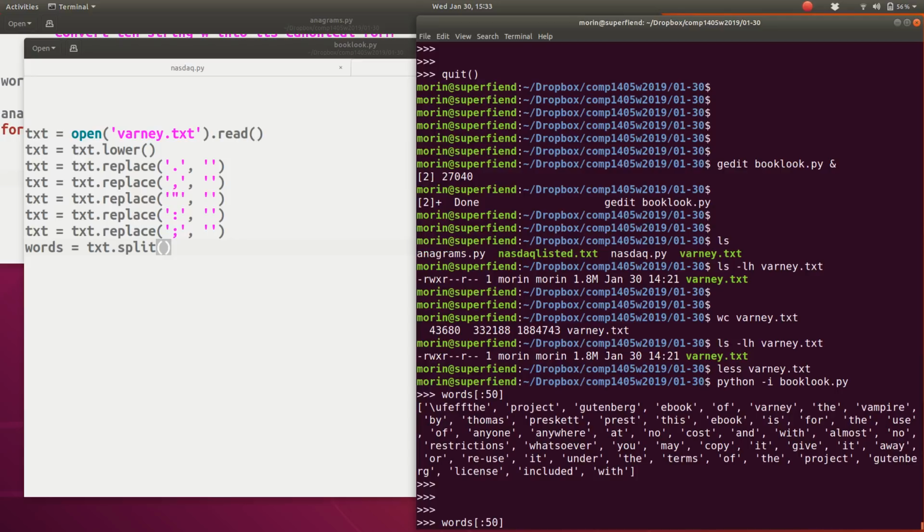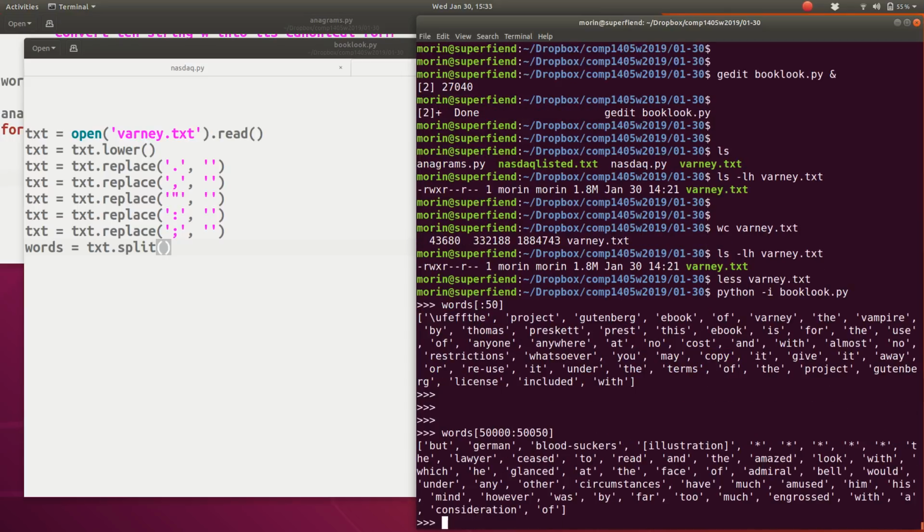But if we look at maybe location 50,000 up to 50,050, then yeah, we're right there in the thick of the things. It's talking about German bloodsuckers and lawyers. Maybe those two things are related, I'm not sure.